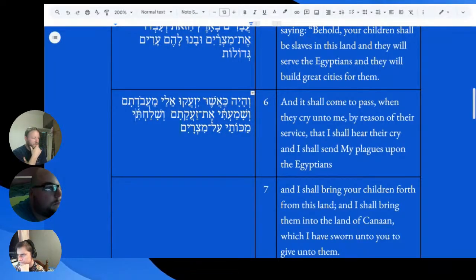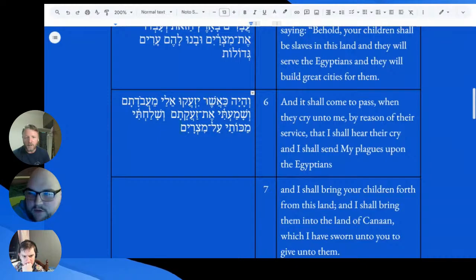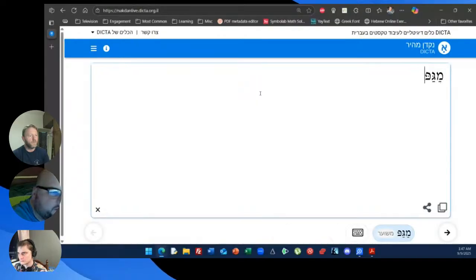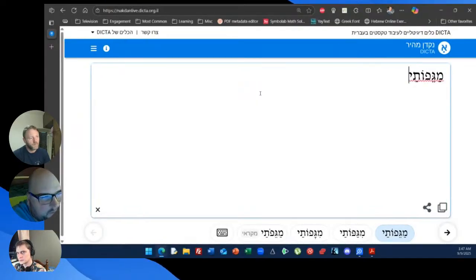Colton, any changes you can make? No. I just prefer Magefot for whatever reason, but nothing that's actually worthwhile changing. Let me look at the pointing for Magefot. Magefotai. Okay, if you want, you can use that one.